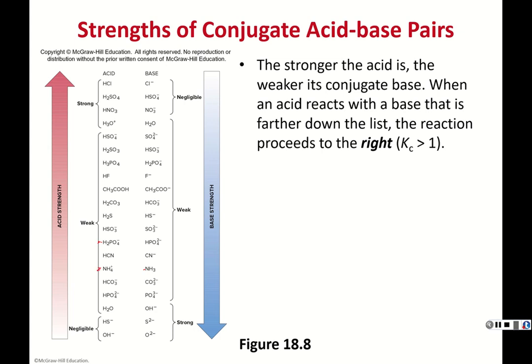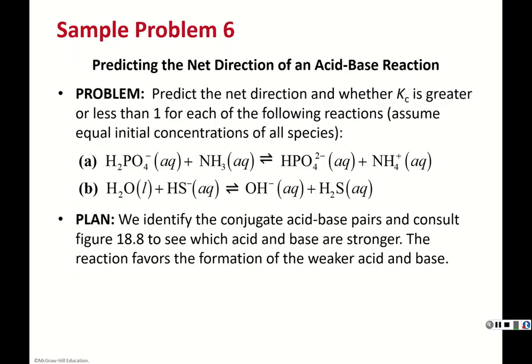There we go. So H2PO4 minus is actually a stronger acid than our conjugate acid. So this is stronger, and this is weaker. Now let's compare NH3 and HPO4 2 minus.